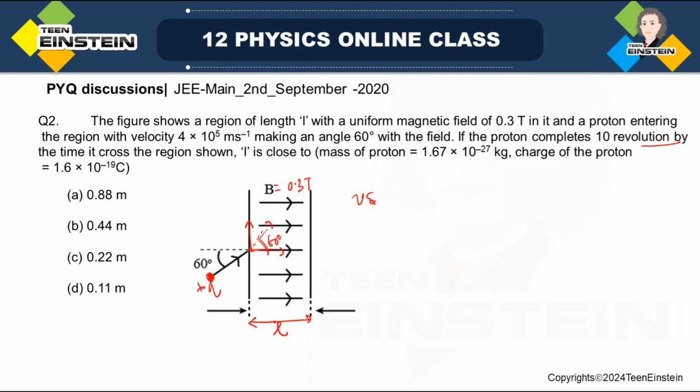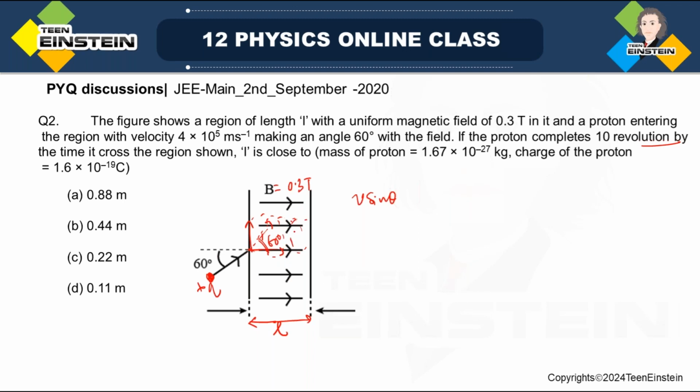So V sin theta is responsible for circular motion here, like this. Okay, circular motion. At the same time, it will actually make a spiral. Okay, this path will be a spiral path.